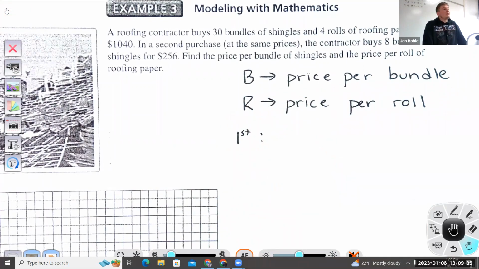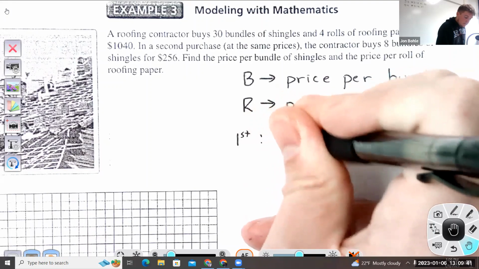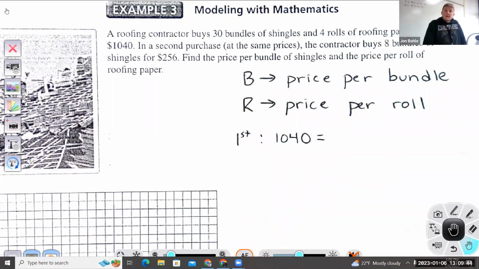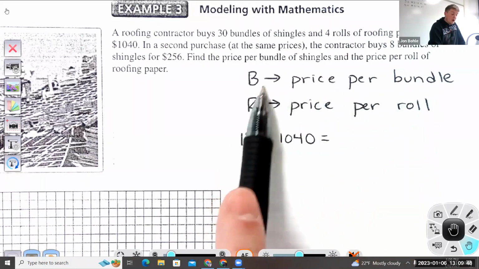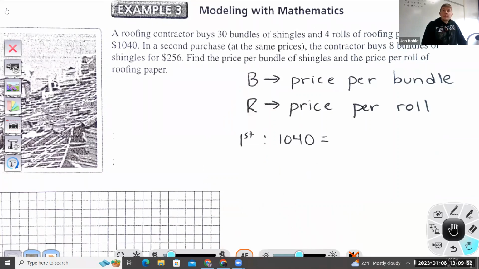In the first purchase, how much money was spent? $1,040. So B is the price per bundle, the price for one bundle. How many bundles were purchased? 30. So how can I represent purchasing 30 of them? 30B.